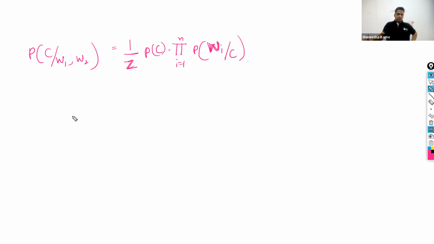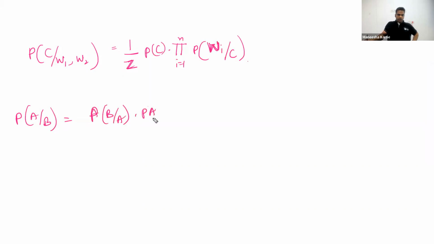Probability of A given B is equal to probability of B given A into probability of A divided by probability of B. Denominator we didn't bother because denominator was getting cancelled out.